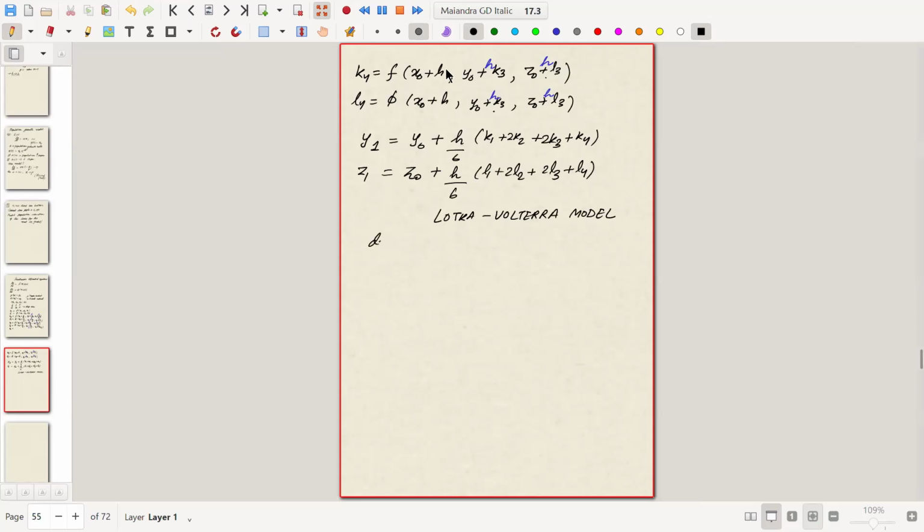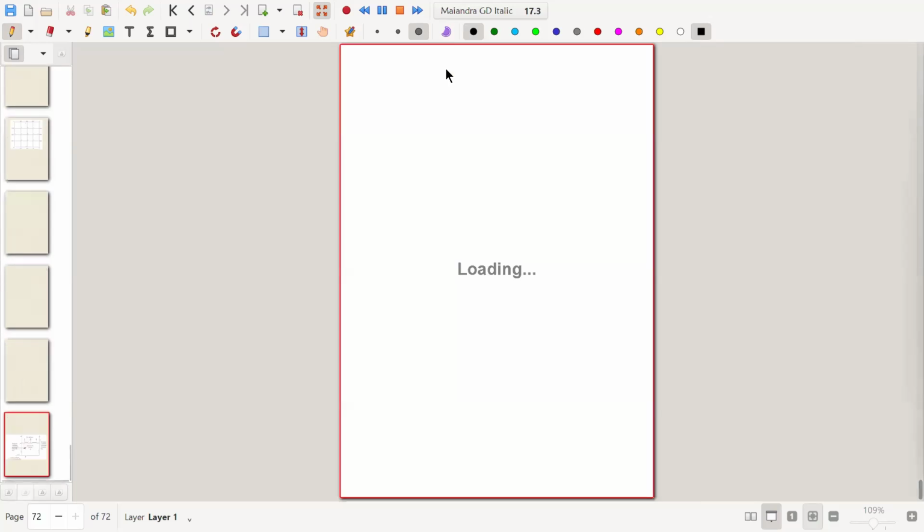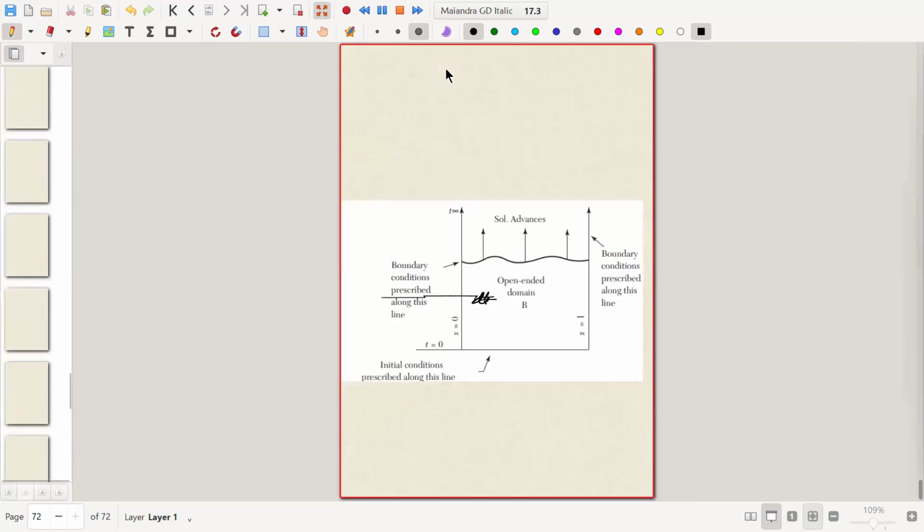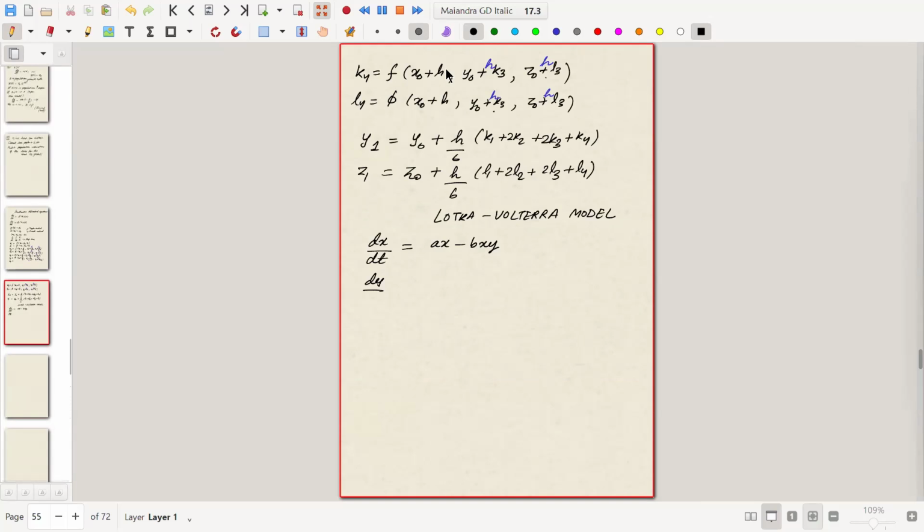The governing equation is: dx by dt, where x represents one of the populations, equals ax minus bxy, and dy by dt equals minus cy plus rxy. You have your initial conditions: x at time t equals 0 is x0, and y at time t equals 0 is y0.